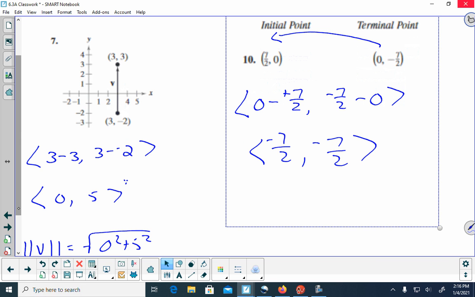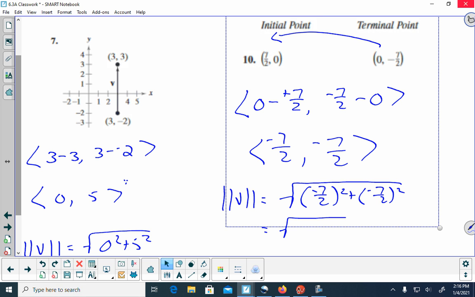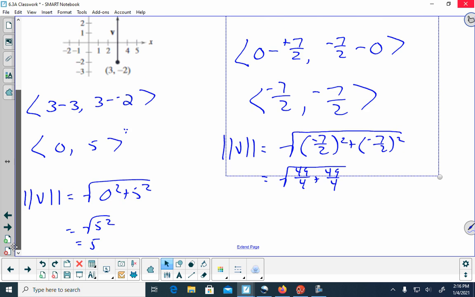To find the magnitude, I'm going to do the square root of (-7/2) squared plus (-7/2) squared. Remember when you square that, it's going to be 49 over 4, so that's going to end up being 98 over 4.